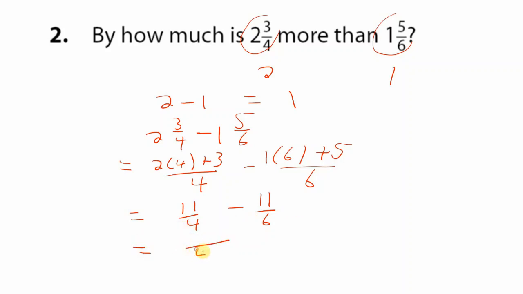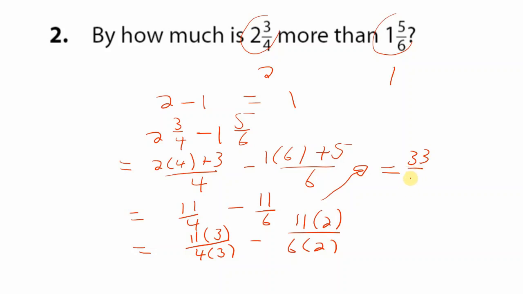So 4 we have to multiply by 3. What we do to the bottom, we do to the top. 6 we have to multiply by 2. What we do to the bottom, we do to the top. So 11 times 3 is 33 over 12 minus 11 times 2 is 22 over 12.